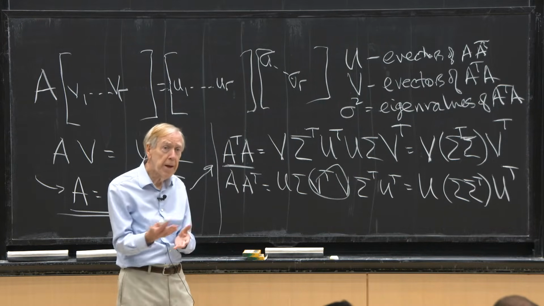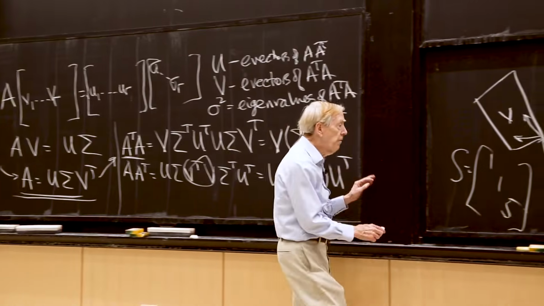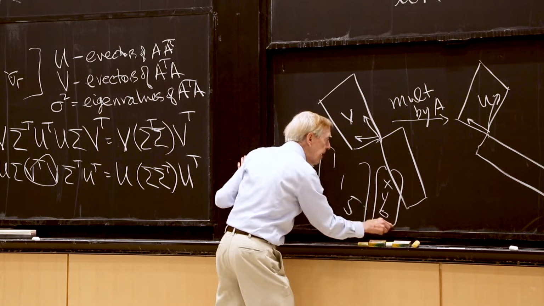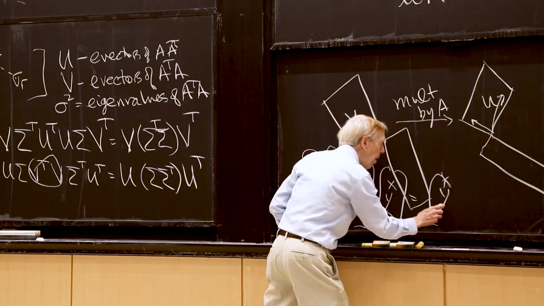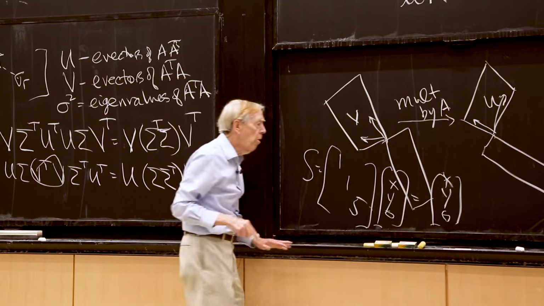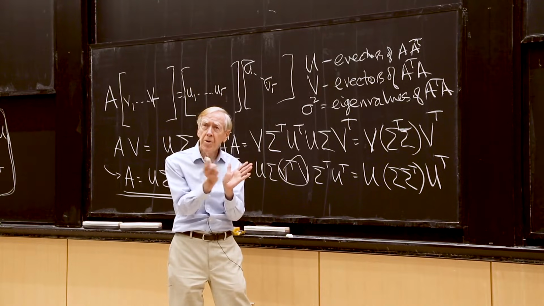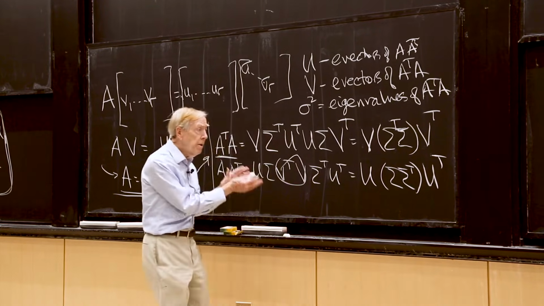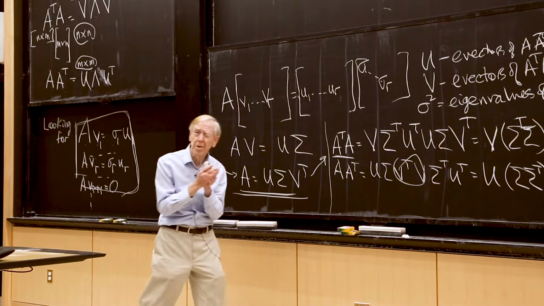Unfortunately, there's a whole plane of them. Any vector of the form x, y, 0, any vector in the xy plane would produce x, y, 0. So I have a whole plane of eigenvectors, and I've got to pick two that are orthogonal, which I can do, and then they have to be in the SVD. Those two orthogonal guys have to go to two orthogonal guys.